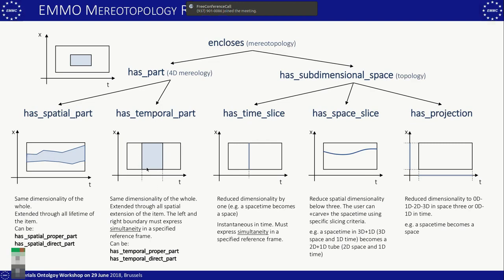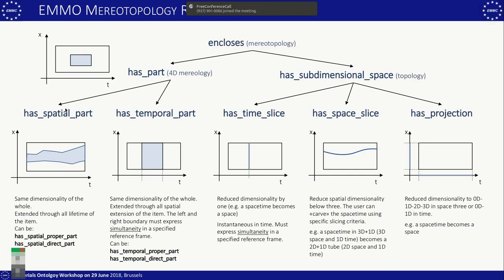So this is a subset in time of the whole object, and this is a part of the object that exists all the time the whole exists. Then if we move to the topology branch, we have a time slice, space slice, and projection, and you can see here that we reduce the dimensionality of the whole, because slicing is exactly what it does.